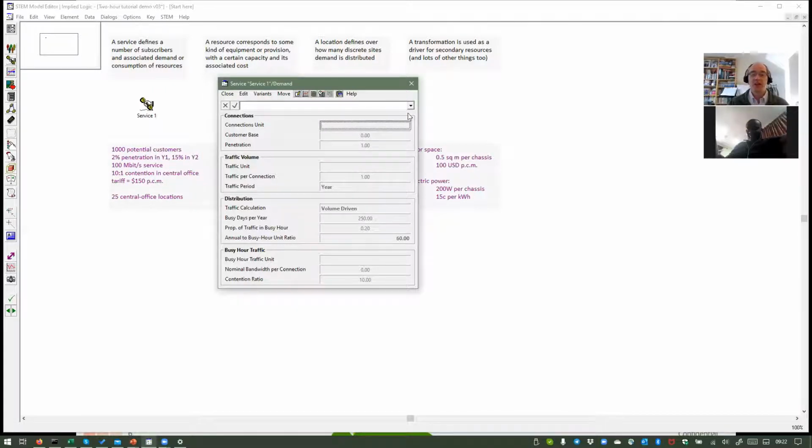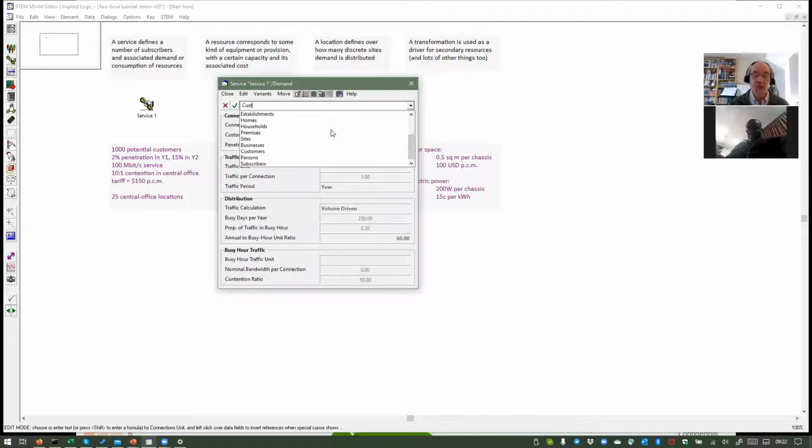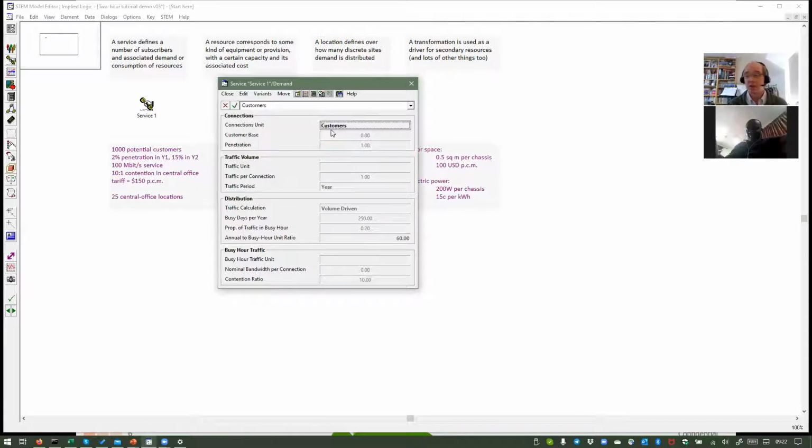In this particular case, I'm going to type in customers as what our connection unit is, because we're thinking of them as discrete customers. And the numbers I've given myself are that I have a target market of 1,000 potential customers. So I'm going to put that in for the customer base.